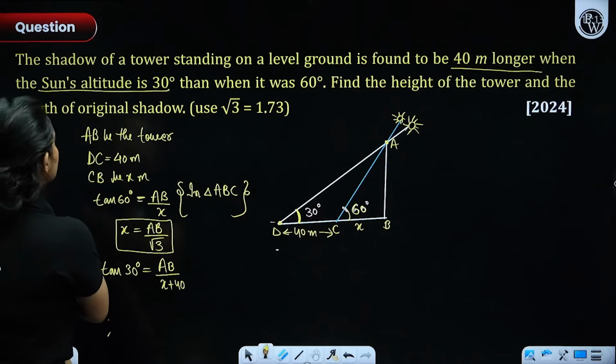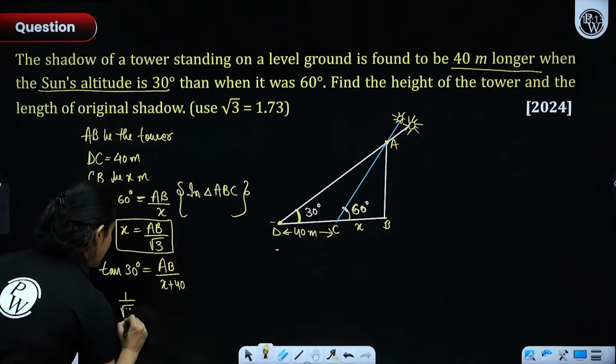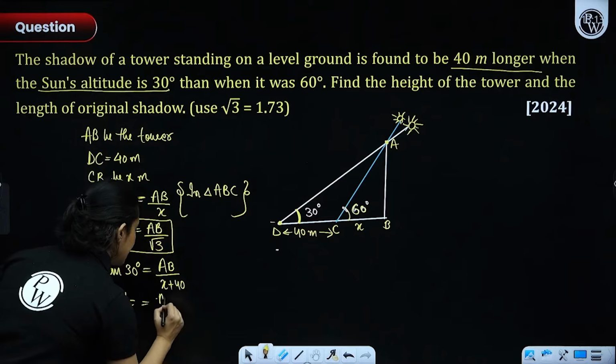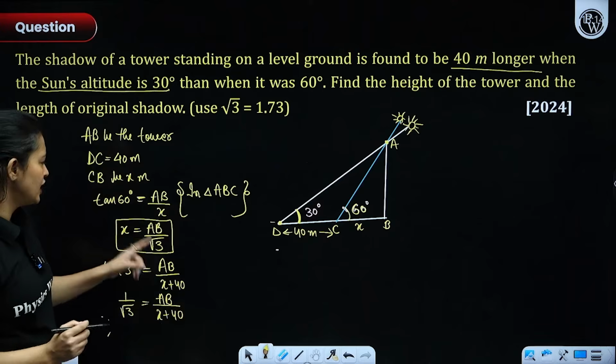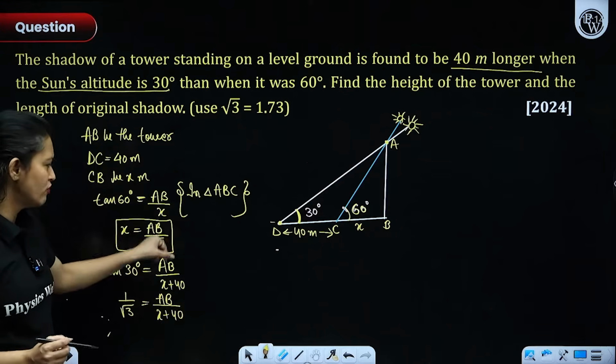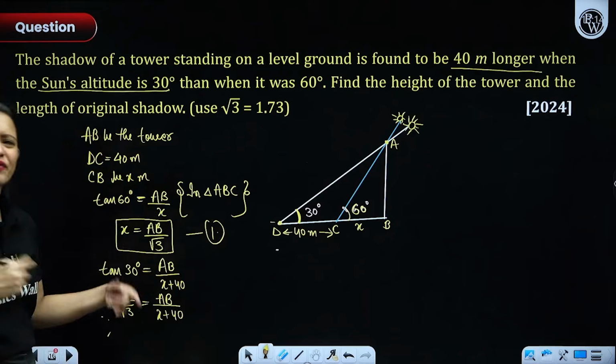Now from here we can say that 1 over root 3 is equal to AB over X plus 40. Now what we can do here, everyone, is another thing also. We can plug in the value of X as AB by root 3. Let's do that, because that would give me the value of AB really fast.